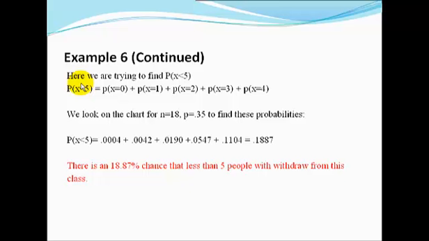If we go to our binomial charts and look for the chart with n equals 18 and p equals 0.35, we can find these probabilities. Here, we list each of the probabilities and sum them together and get 0.1887. So there is an 18.87% chance that less than 5 people will withdraw from this class.